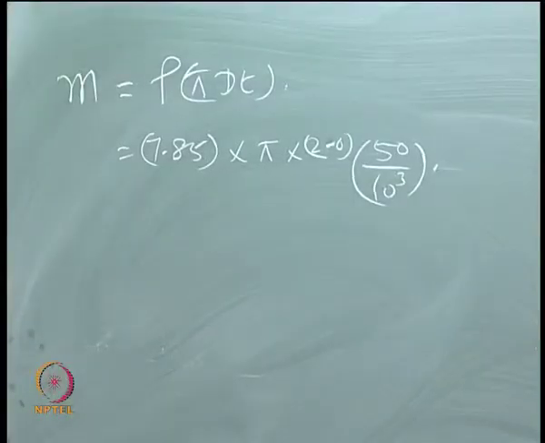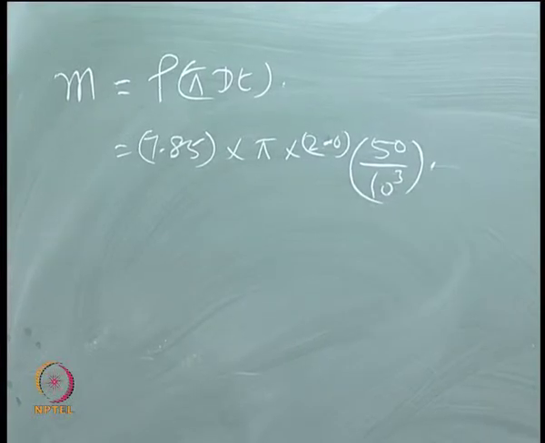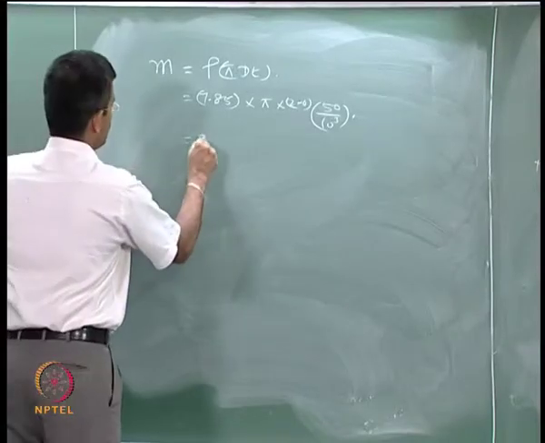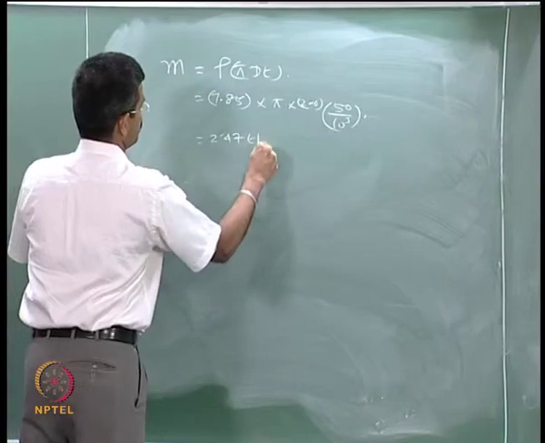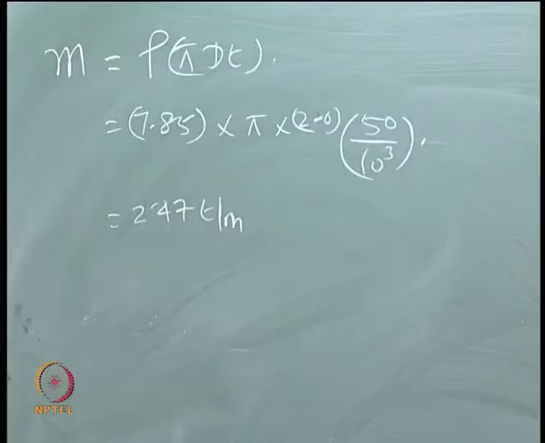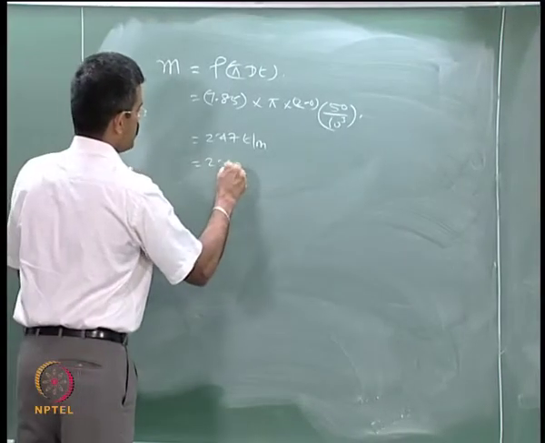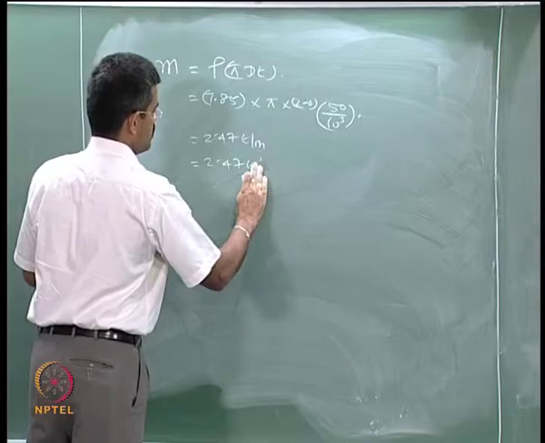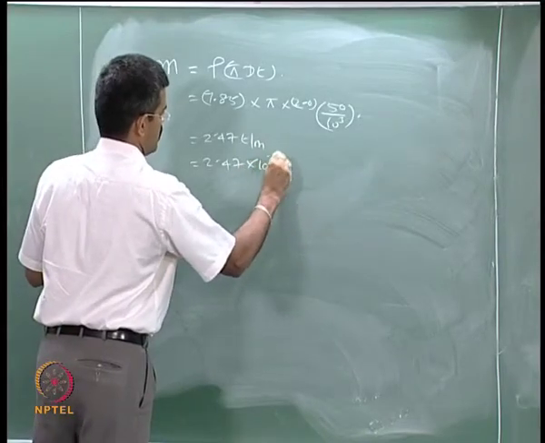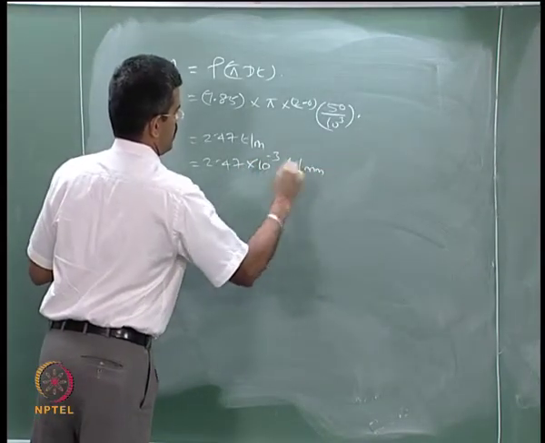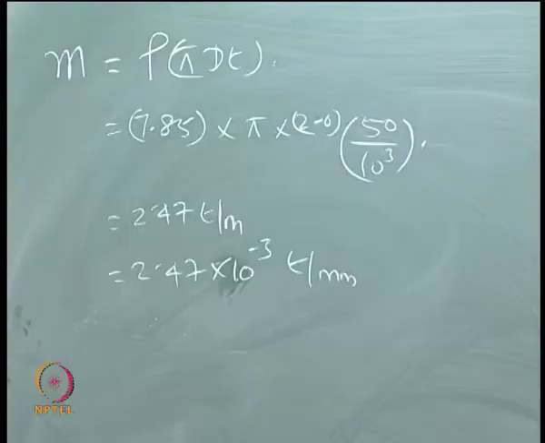I got so many tons. So, this is going to be 2.47 tons per meter. Is that okay? Is that all right? So, which comes to be 2.47 into 10 power minus 3 tons per millimeter. Is that okay? Because I am using the value here like this.